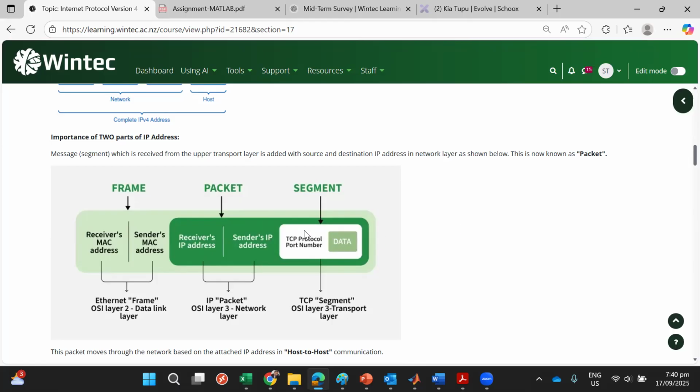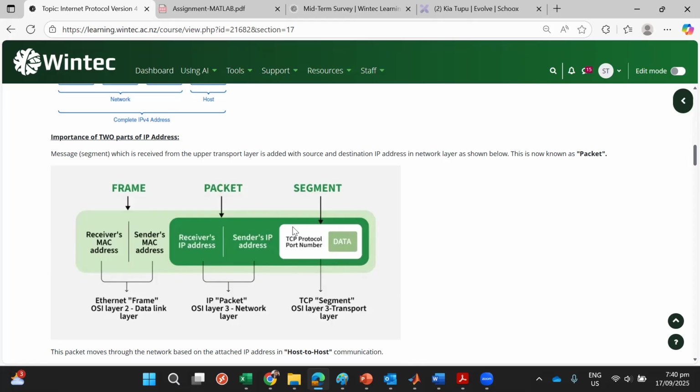That's why we are adding this port number, which allows us to identify which application this data belongs to. This is the first address we are adding, the port number, identifying which application the data is from. And this is called the segment. So data with the port number is termed a segment.